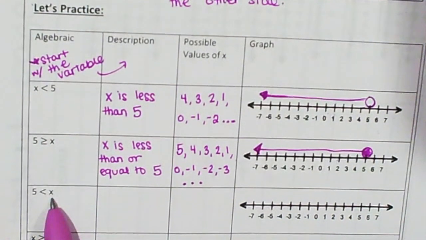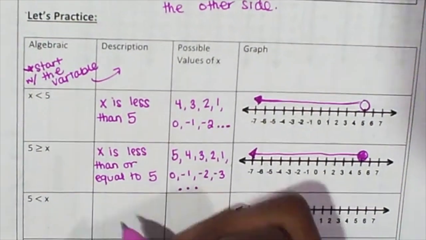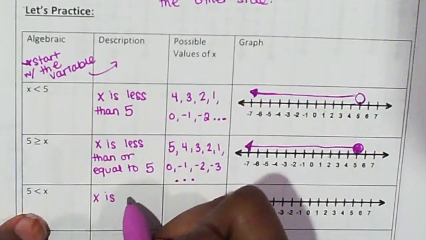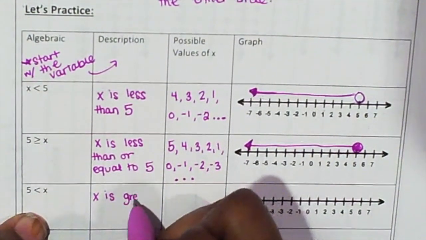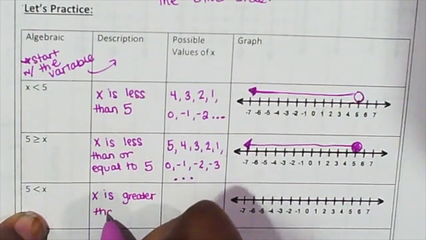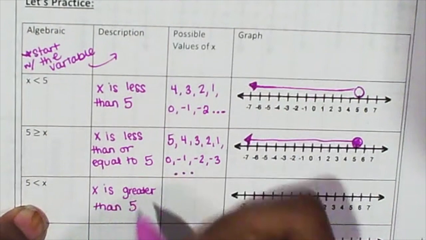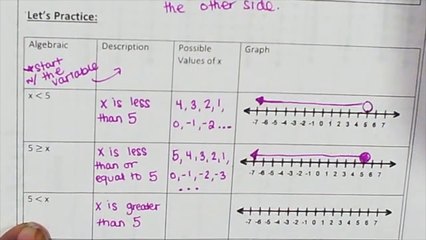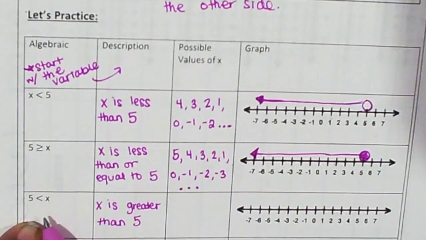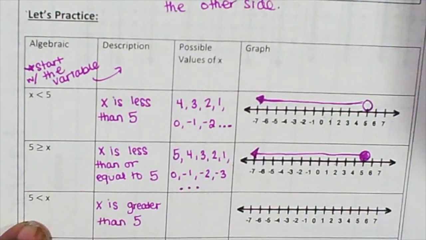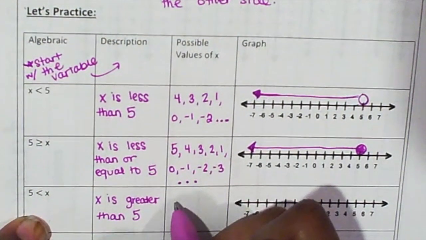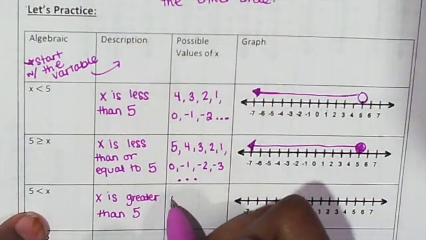For our next example, the inequality opens up towards our x, so therefore x is bigger. So our sentence will read, x is bigger than, or x is greater than 5. The possible values that we can include here are 6, 7, 8, 9, 10, etc. I am not including 5 because that equal to bar is not present in this inequality symbol.